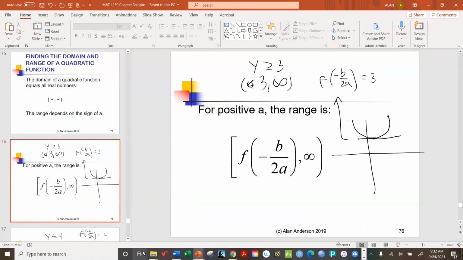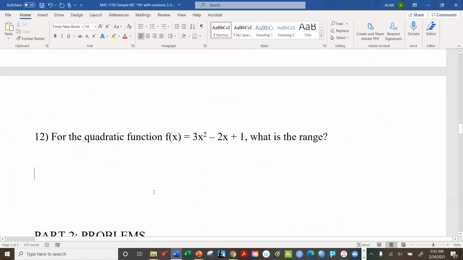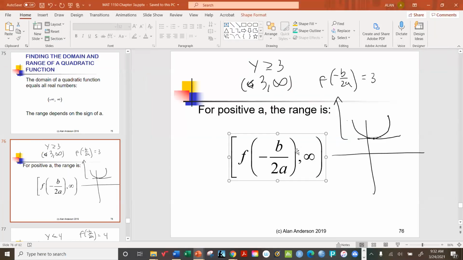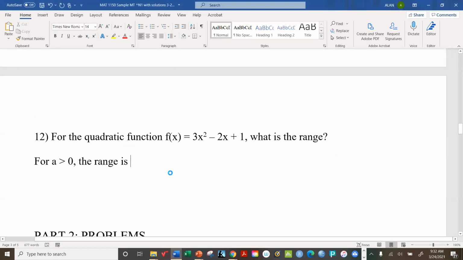All right, so let's copy this in here once and for all. That way you don't have to keep scrolling around for an hour looking for it.